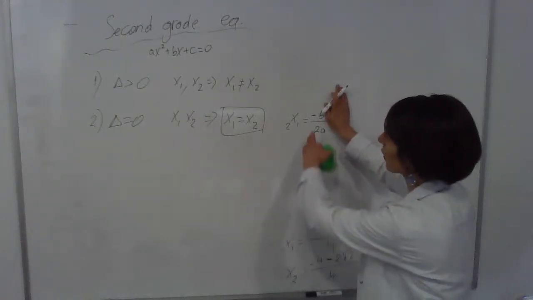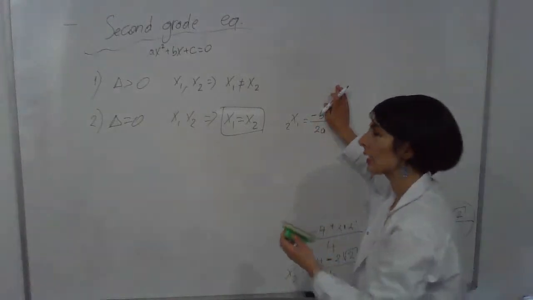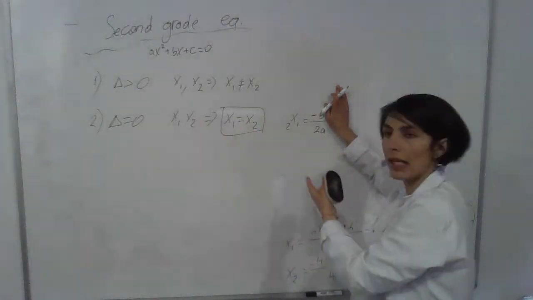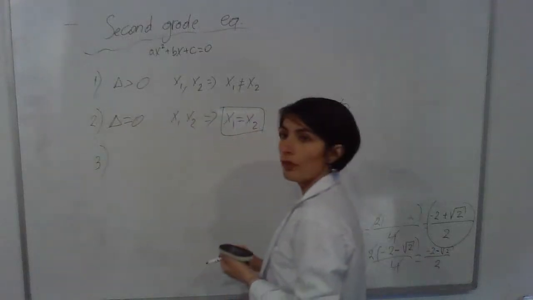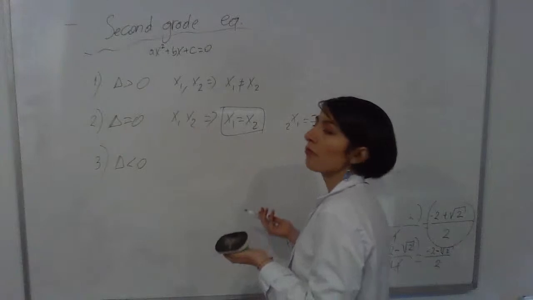So it's going to be just minus b over 2a. So for this reason, I say that x1 equals x2. So it's very easy.